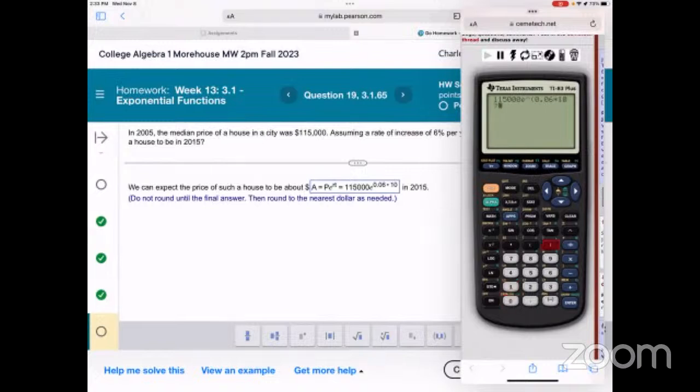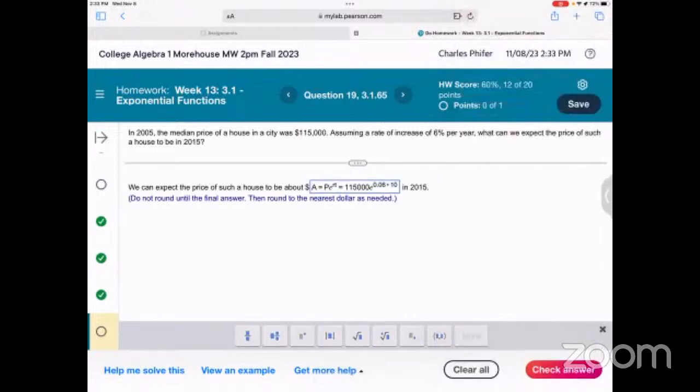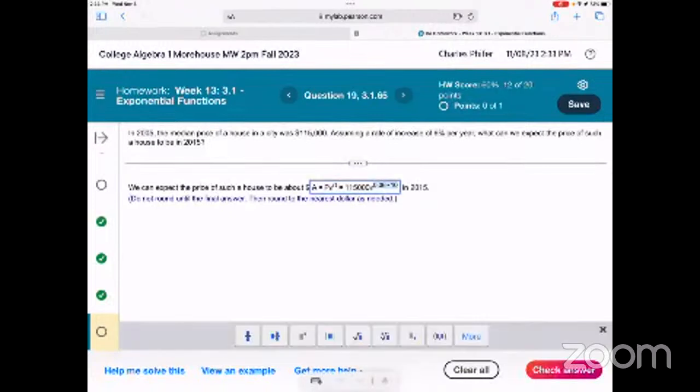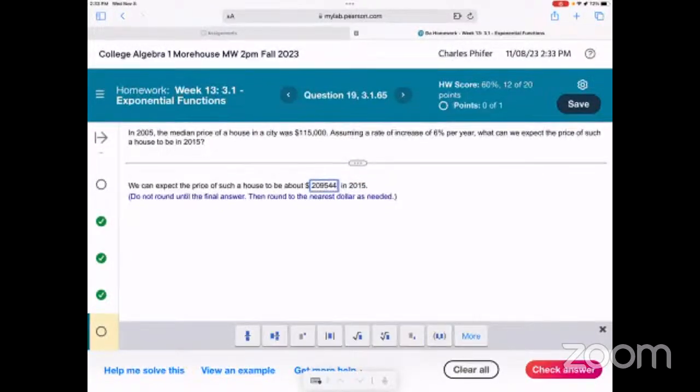Round to the nearest dollar. The nearest dollar is going to be a 4. So $209,544. Nearly double.